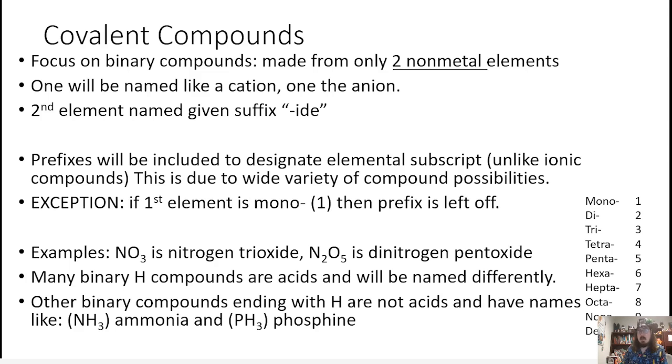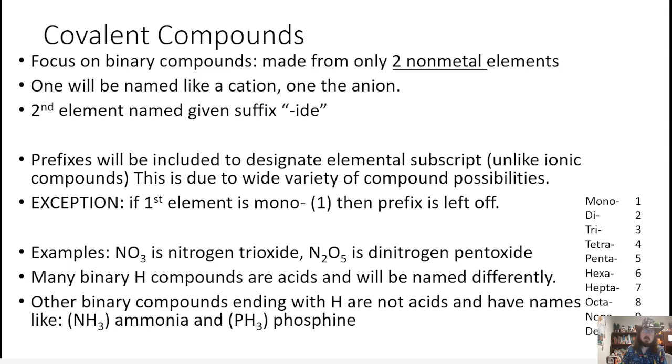There will not be, let's say, dihydrogen monosulfide. That's not how we're going to name it. Like NH3 is ammonia. You may have heard it as a cleaning solution. PH3 is phosphine. It's a poisonous gas that can be produced when you're making meth.